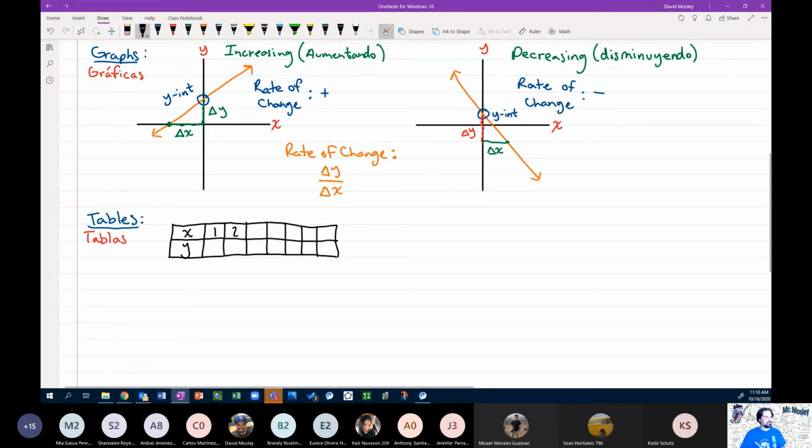And then 1, 2, 3, 4, 5, 6, 7. So we've seen tables that look like this.